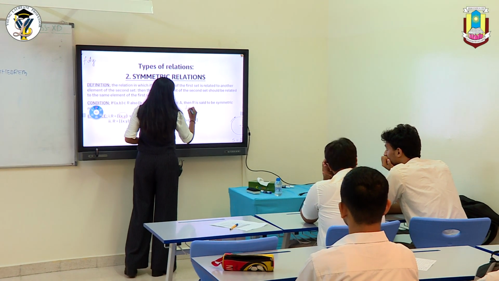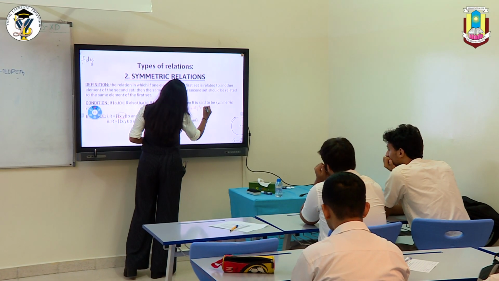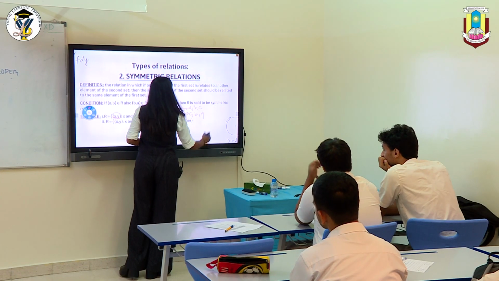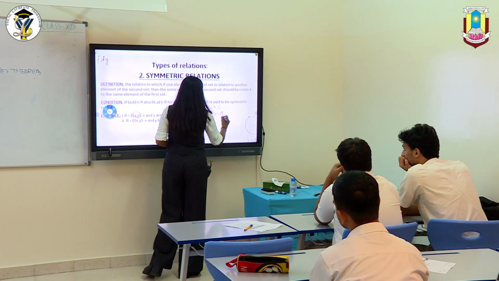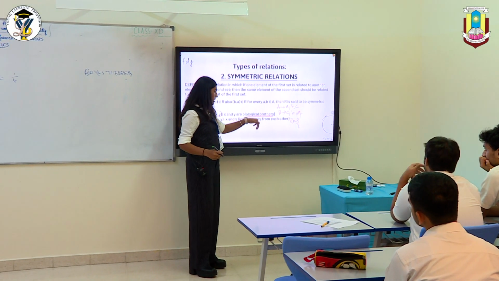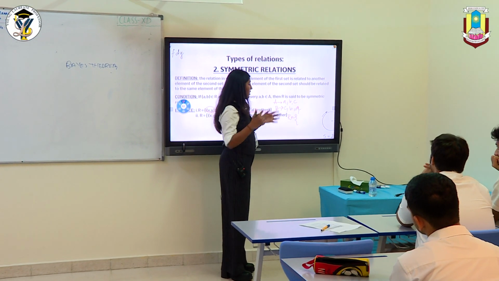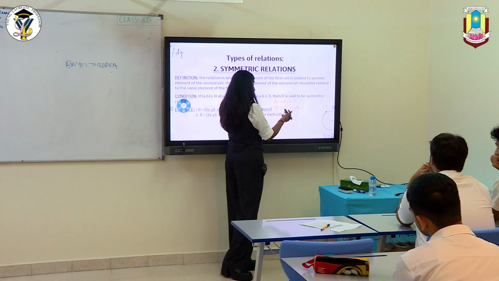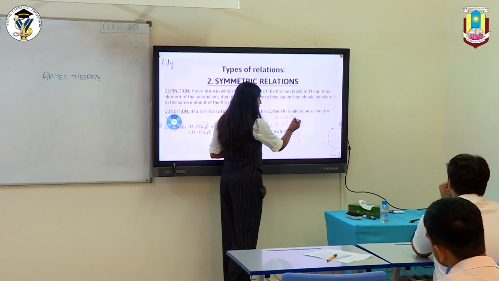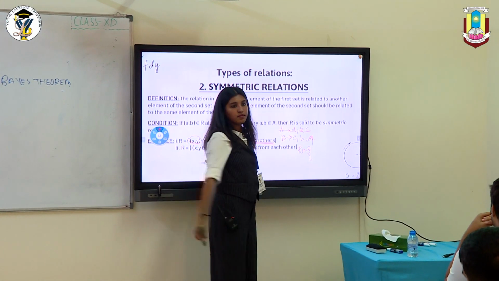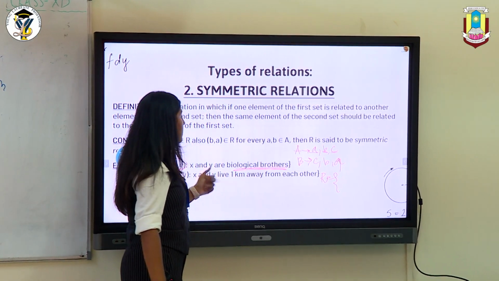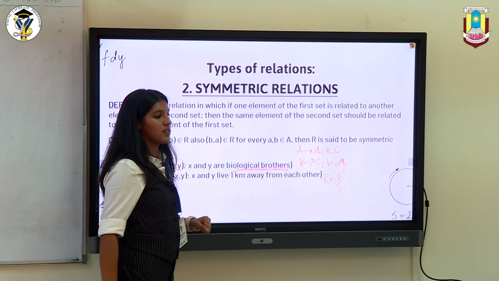Like we have a set A, B, C, and we have another set, let's say C, B, A. Now our condition is that they are biological brothers. And we are given that A is B's brother and B is C's brother. So basically they are all brothers. So what will be your symmetric relation?